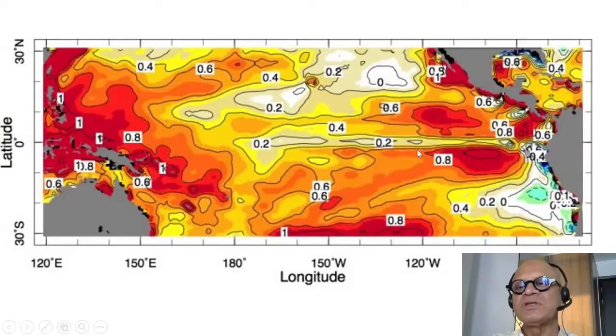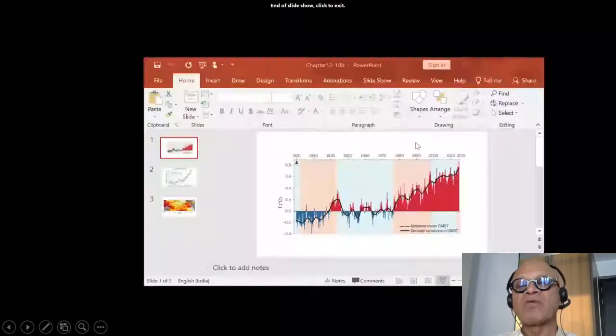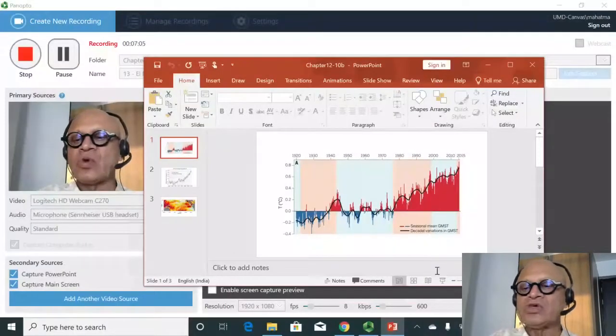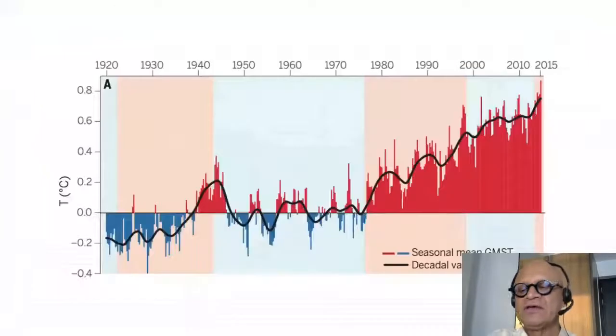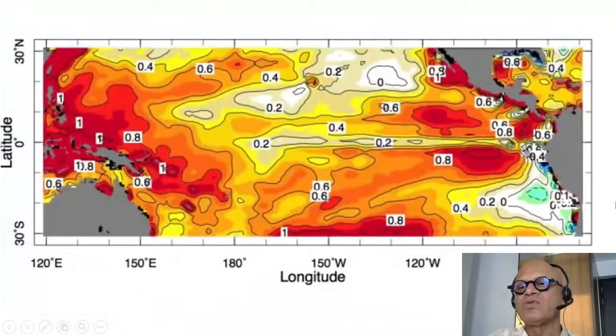So this relation also relates to El Nino, because then the question is whether global warming will look like El Nino or La Nina, right? So here this would look like a La Nina, the trend. But if this warms more than the west, then it would begin to look like an El Nino, right?